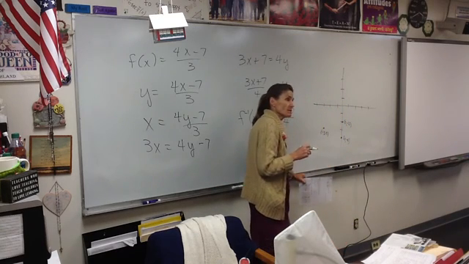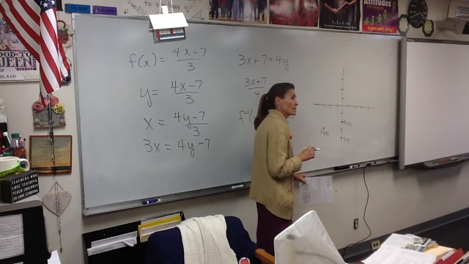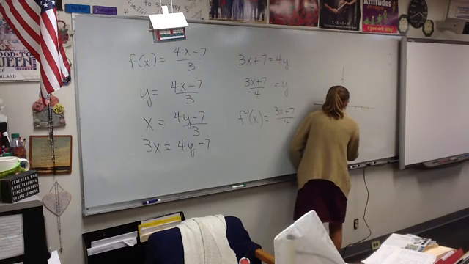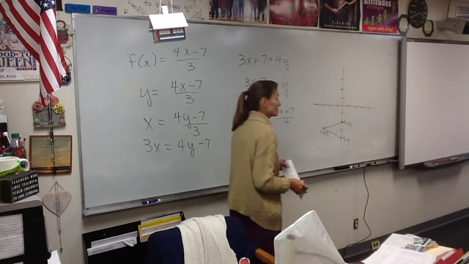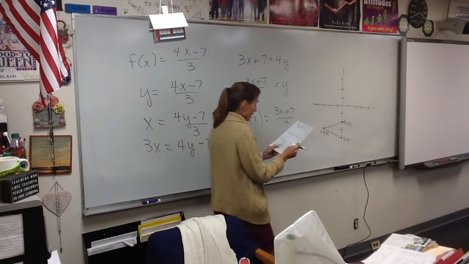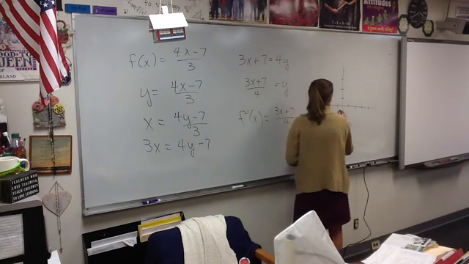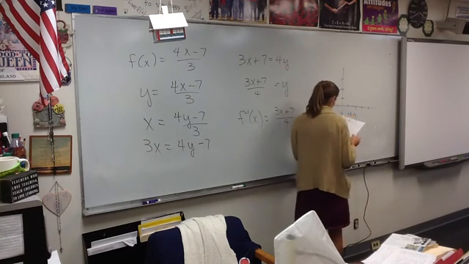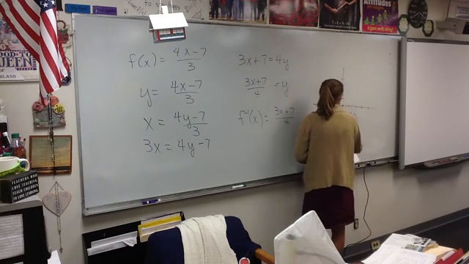Now, 6th period yesterday, they were having a little trouble keeping the points straight. So if you want to connect them as you go, then you won't be confused about the shape. -1, 1 will be 1, -1, and 0, 0.